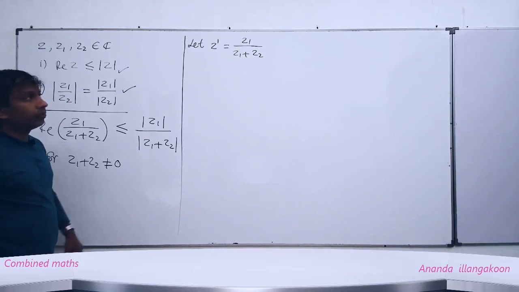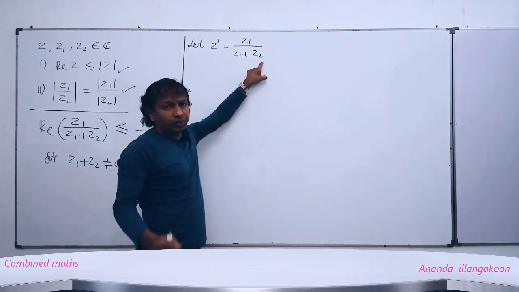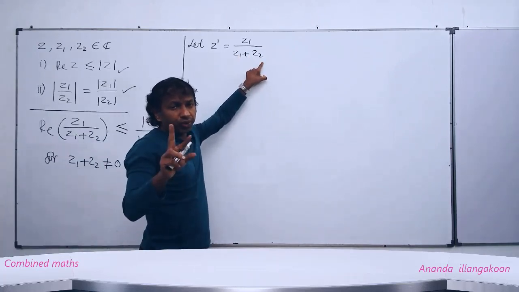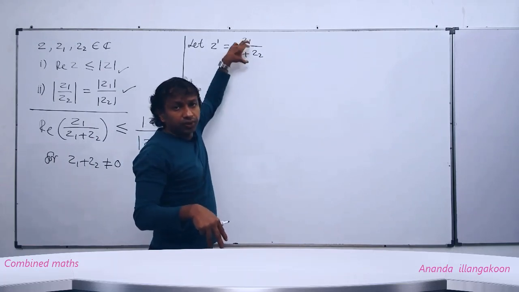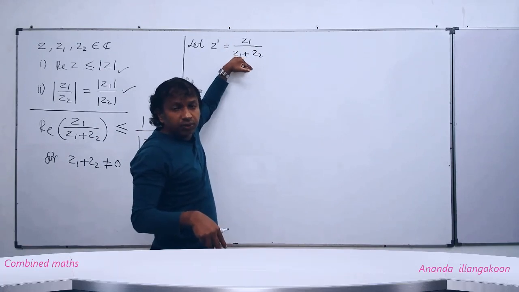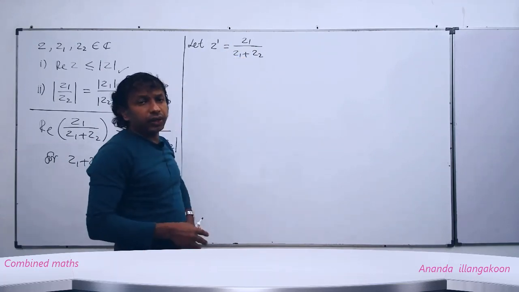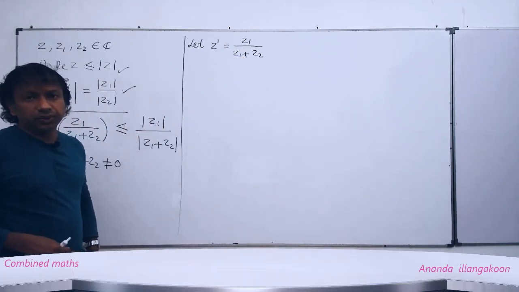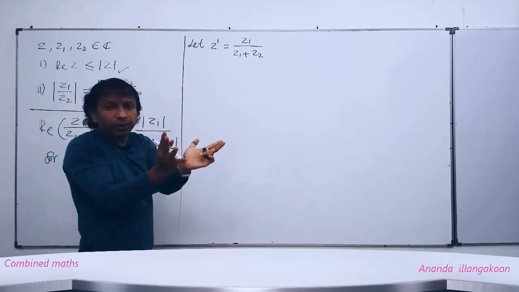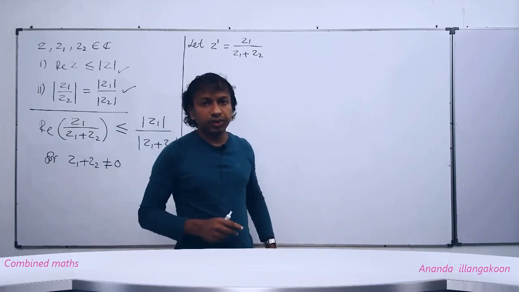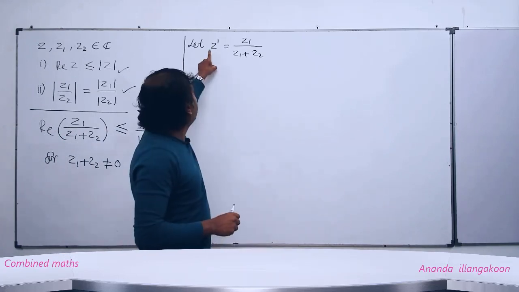Right? Z1 plus Z2 is a complex number because we have proved the sum of two complex numbers is a complex number. Then the denominator is a complex number. Division of two complex numbers, we have proved, people, is also another complex number. So therefore, this Z1 divided by Z1 plus Z2 whole thing is finally a complex number. That complex number only, people, I took as Z dash.